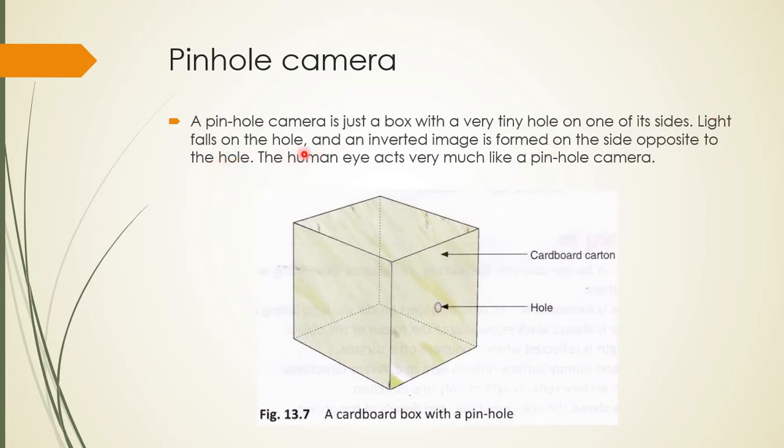Light falls on the hole and an inverted image is formed on the side opposite to the hole. Light is entering from this hole and the image is formed just opposite to the hole.